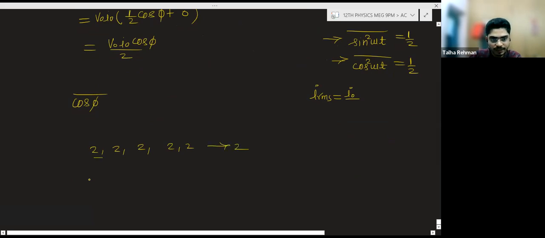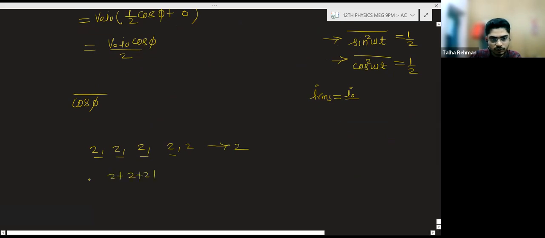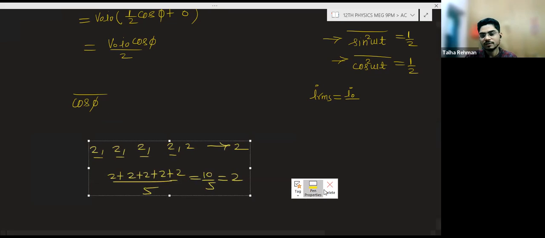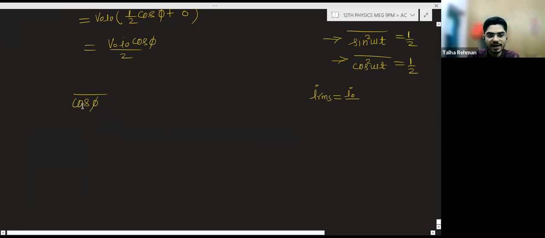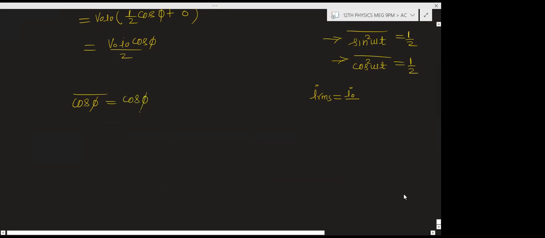How do you find the average? The sum 2 plus 2 plus 2 plus 2 plus 2 is 10, divided by 5, so again you get 2. So the average of a constant quantity is the same. That is why I have written cos phi as cos phi. Got it? Okay.